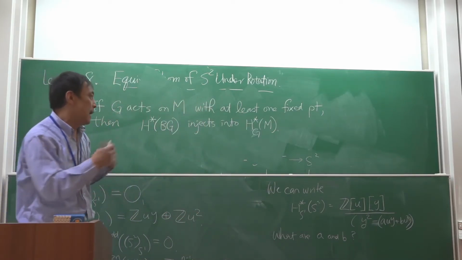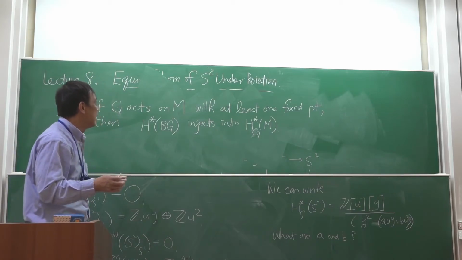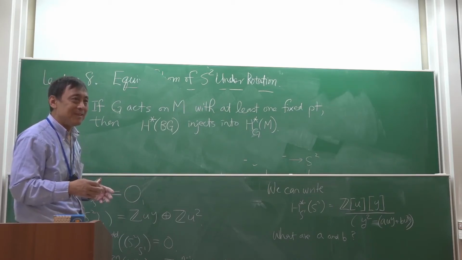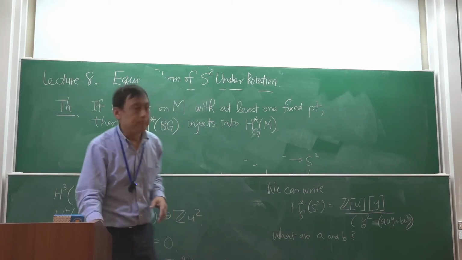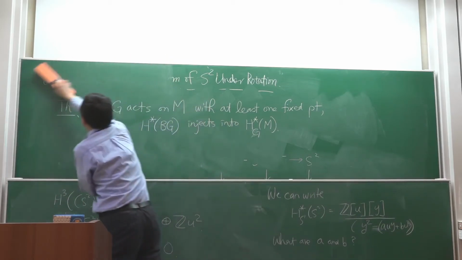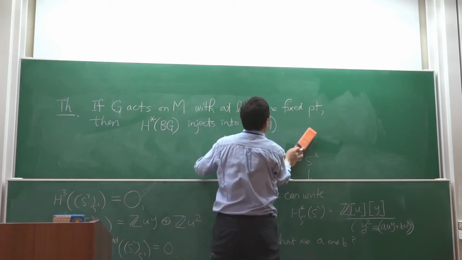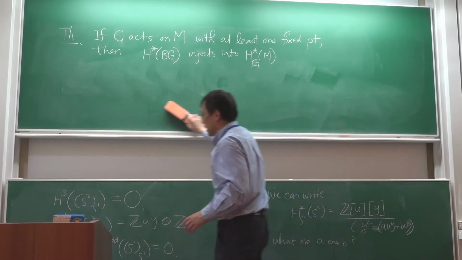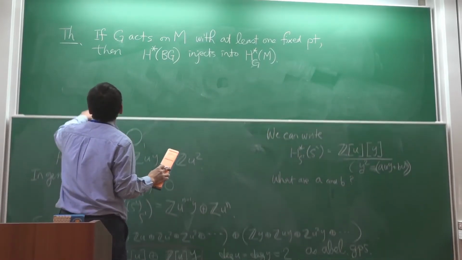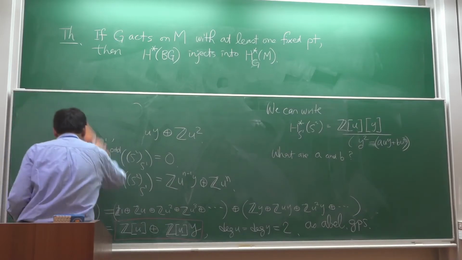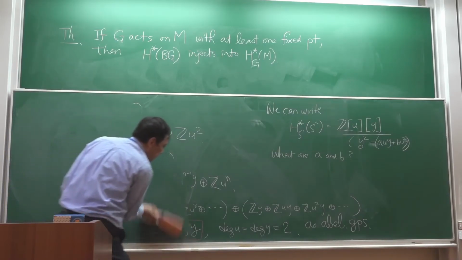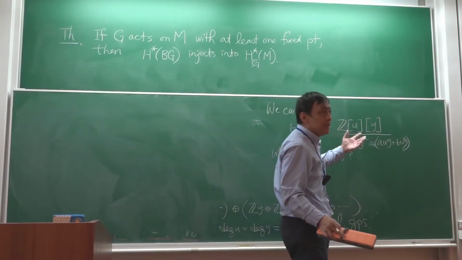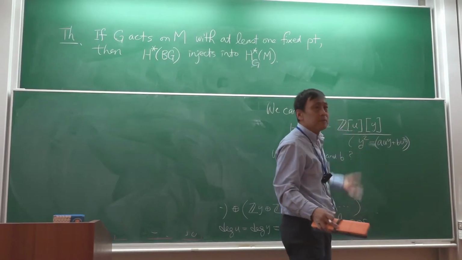Okay, so it shows that we need to prove a few general theorems about equivariant cohomology. And we need to develop some tools in order to figure out what the ring structure is.